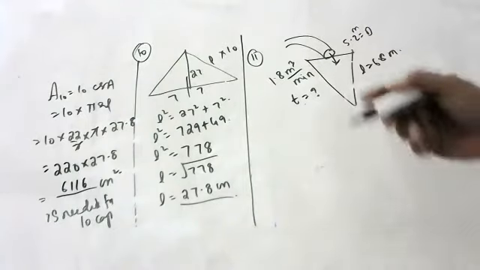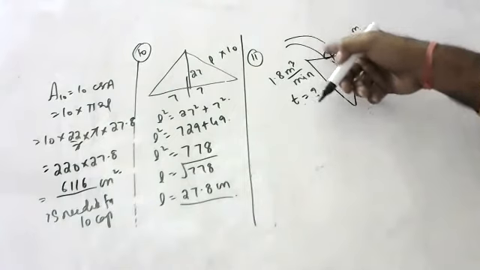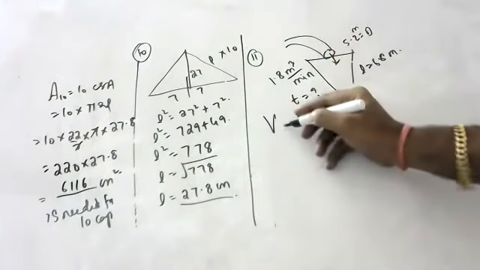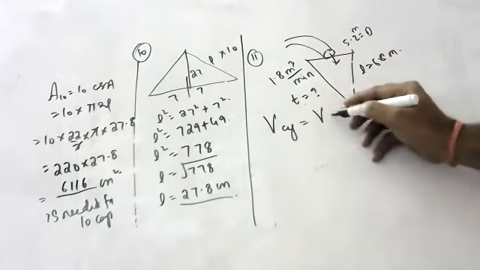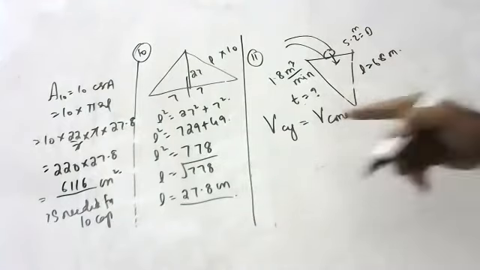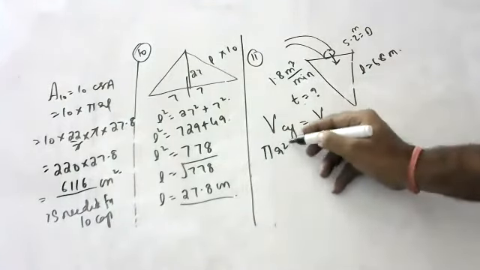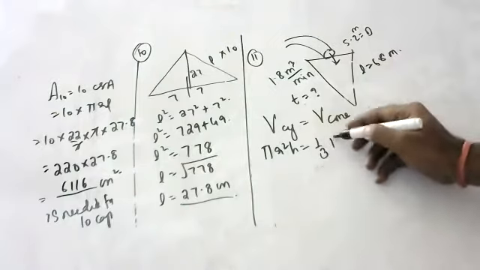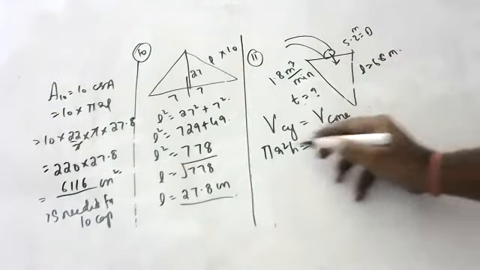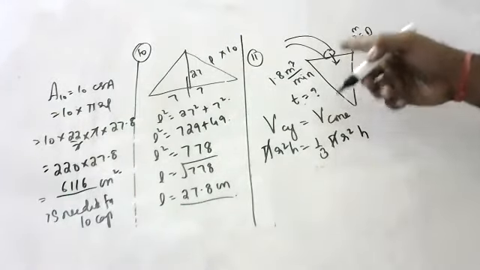Simple. I will give you an idea. Volume of cylinder is equal to volume of cone. From the cylinder, water is falling into the cone. Radius is not given.